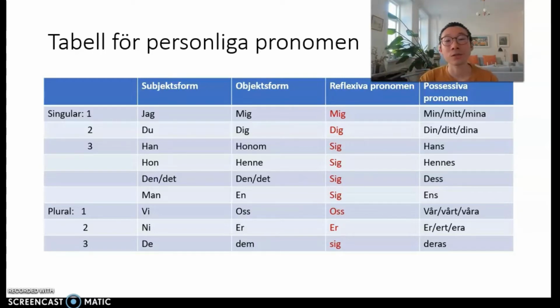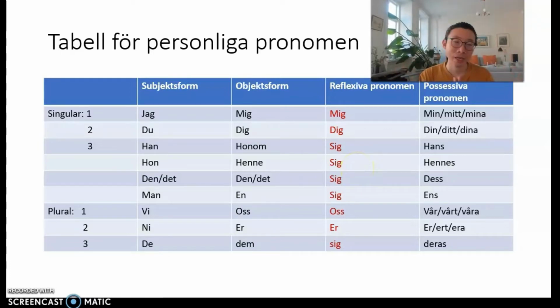And reflexive pronouns are, for example, mig, dig, sig. Mig, dig. Mig är för jag, dig är för du. Men för tredje personens personliga pronomen, for the third personal pronoun, you use sig.